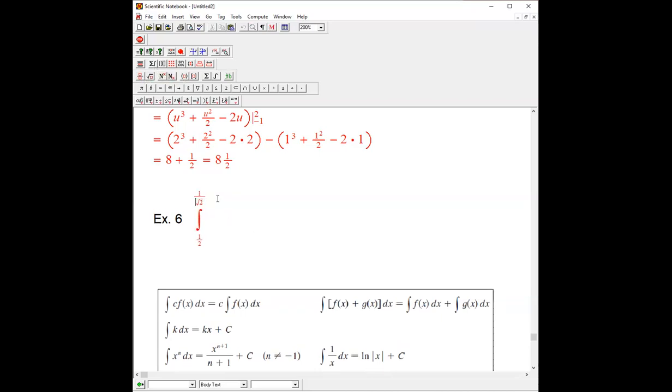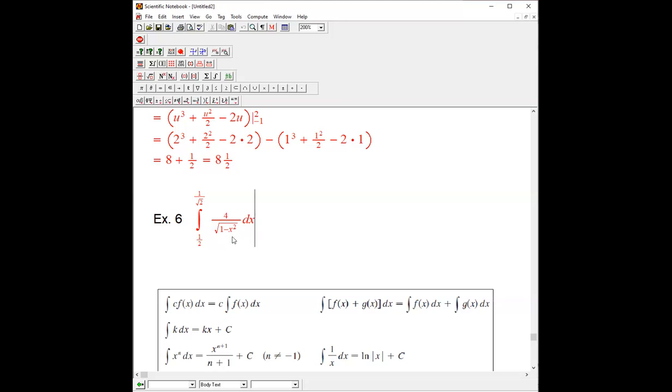And the function we are integrating is 4 over square root of 1 minus x squared dx.